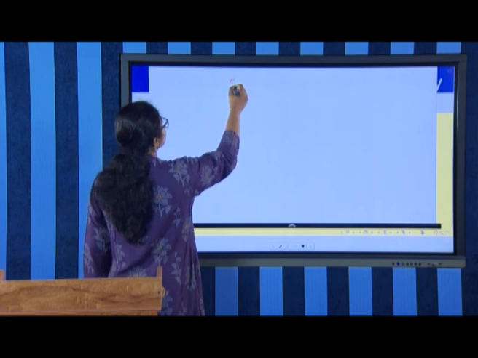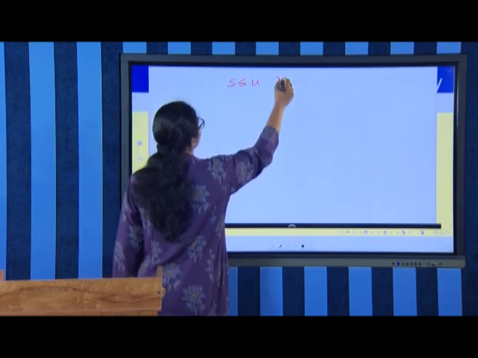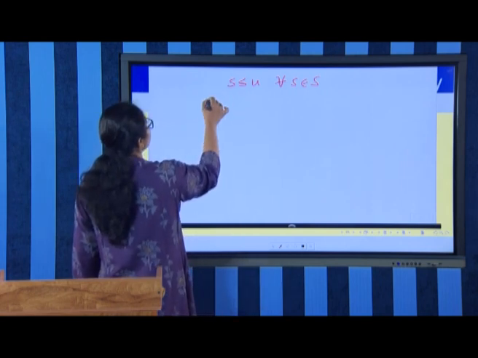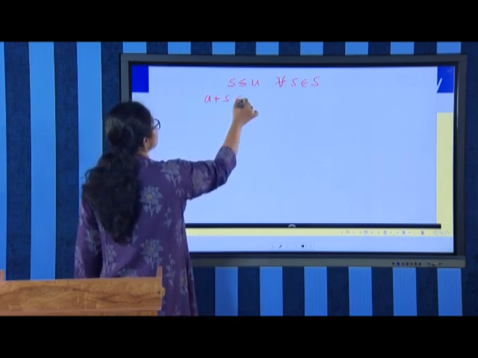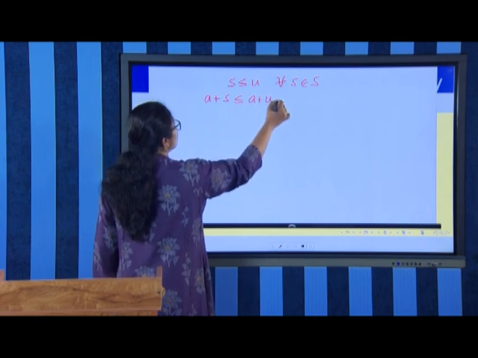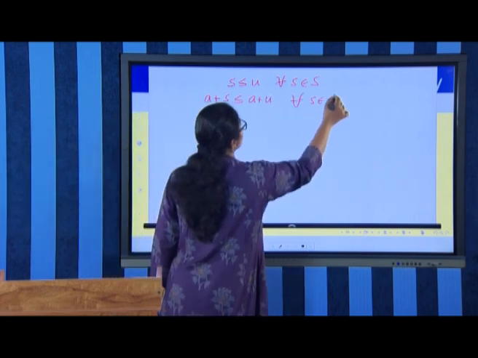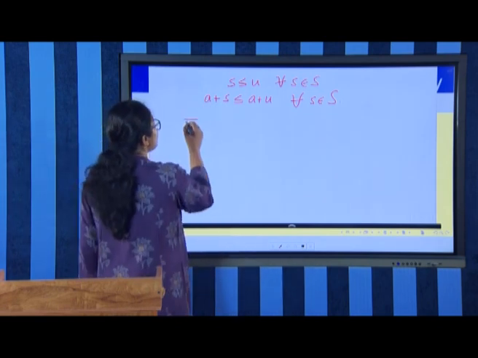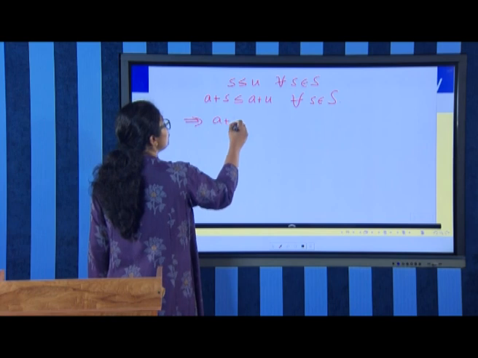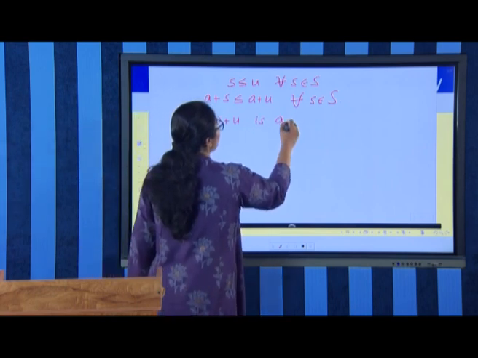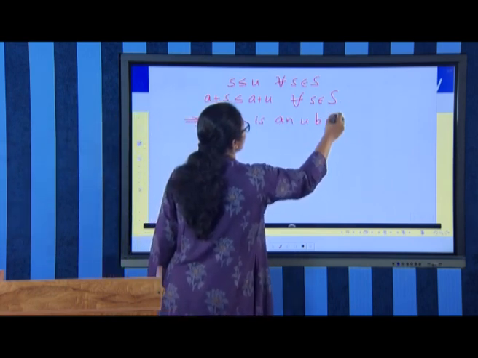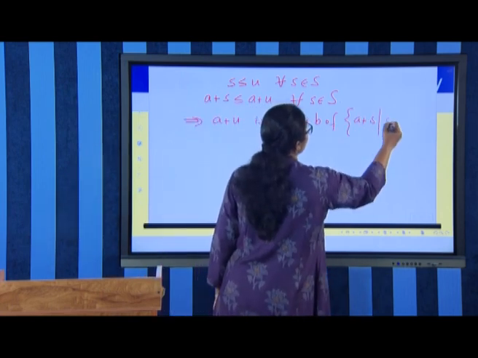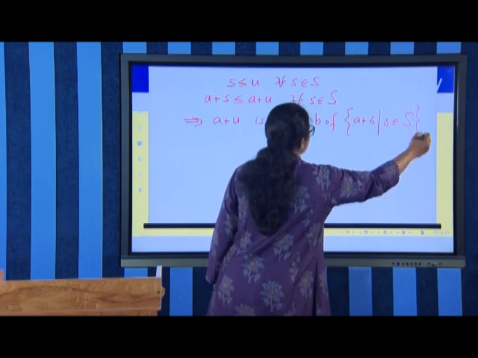We have s ≤ U for every s belonging to S. Adding A to both sides, we get A + s ≤ A + U for every s belonging to S. So, what does that indicate? This means that A + U now becomes an upper bound of the set of all A + s such that s belongs to S.